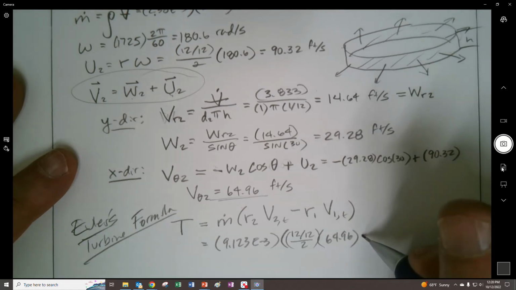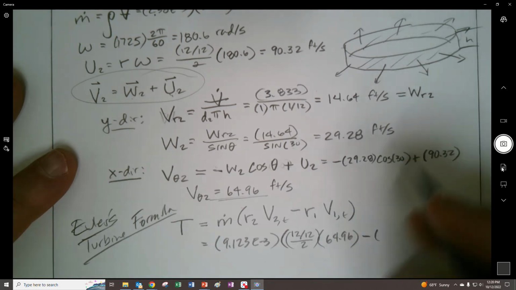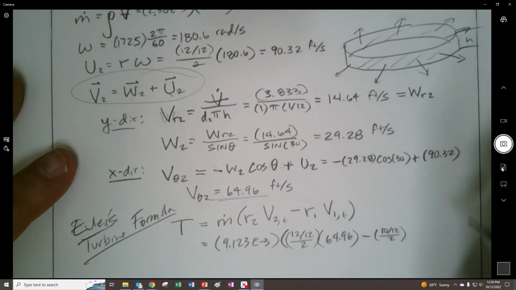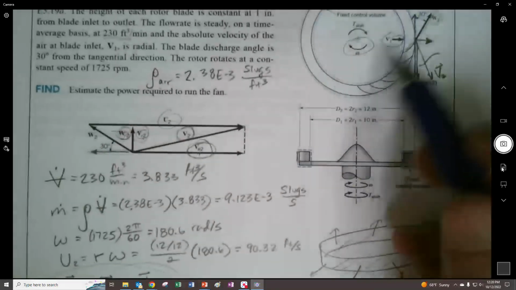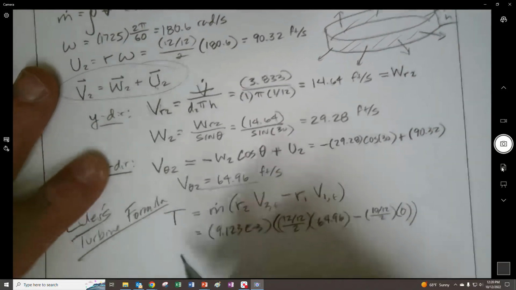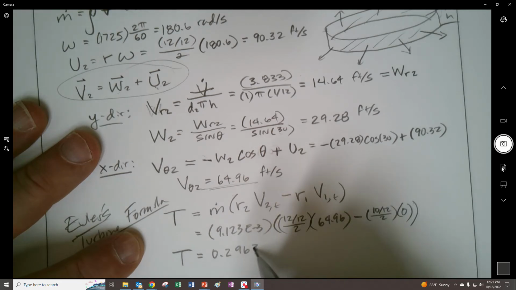64.96 minus, we could do this, we don't have to, but this is going to be 10 over 12 divided by 2, right? Because that's the radius of the inside portion. But you'll notice this is completely in the radial direction, therefore there's no tangential. So what we're left with is the torque is going to be equal to 0.2963.